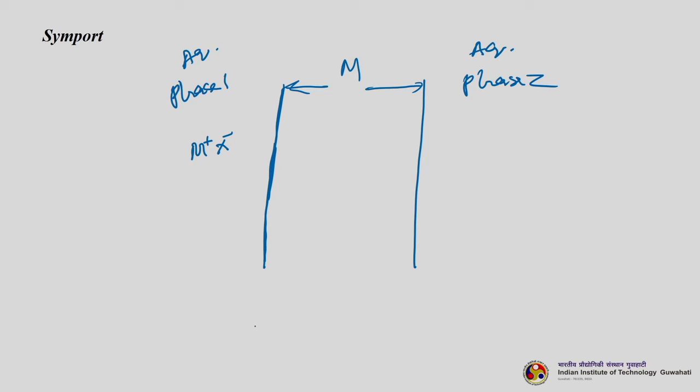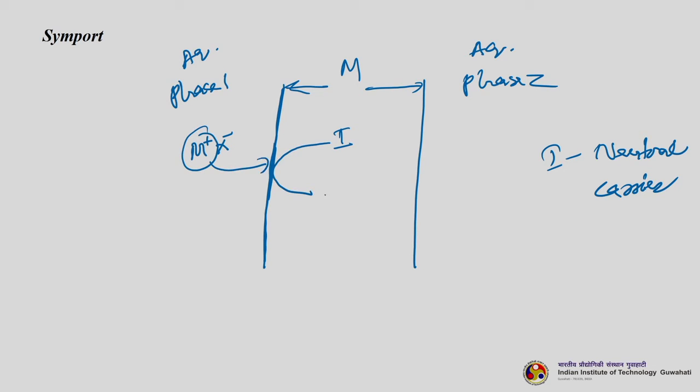So, once it is complexed with the carrier, and here we will talk about a carrier which is usually neutral, so I is a neutral carrier, okay. So, this I is coming here and binding to M. Now it is forming a complex which is called the I M plus X minus complex.